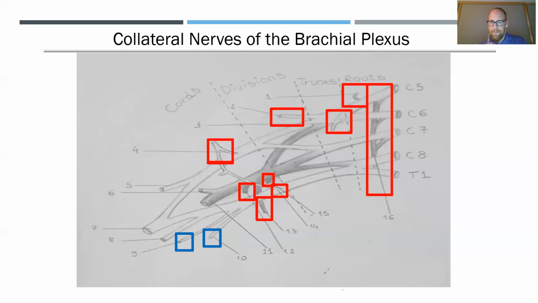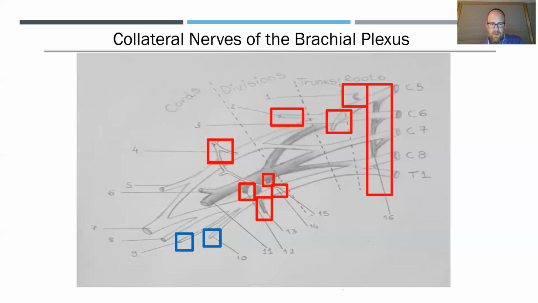All right. Sorry, suprascapular nerve right there. And then obviously here we have the nerve to the subclavius. So this is actually the nerve that goes right down underneath the clavicle, right? Number 4, lateral pectoral nerve.